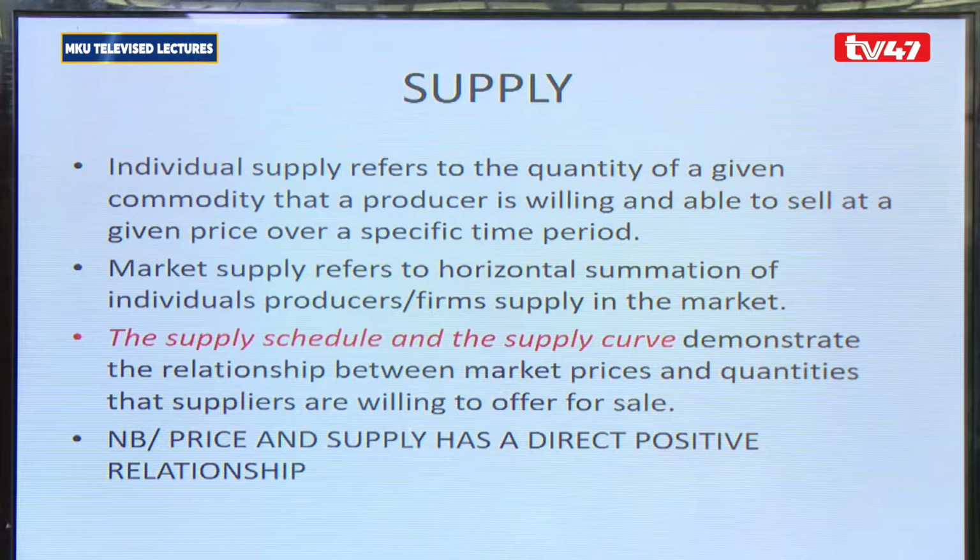The law of supply shows that the higher the price, the higher the supply. Why? The interest of the supplier is to make as much money as possible. And therefore, as long as the prices are increasing, he will be increasing the supply because they display a potential of him making more money. So price and supply have a direct positive relationship, the opposite of demand.